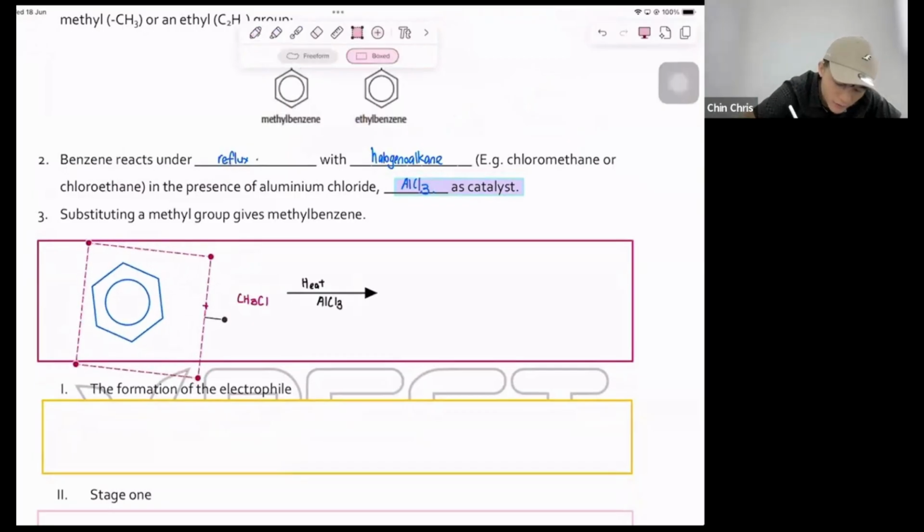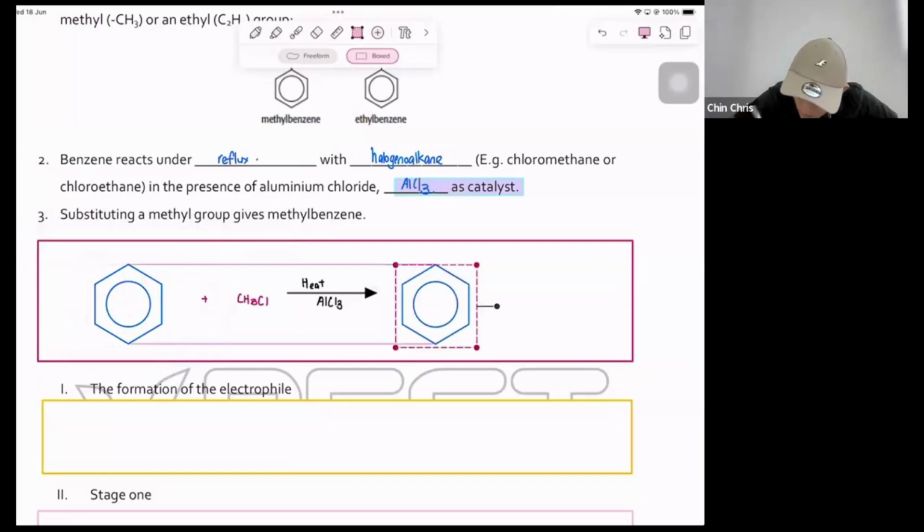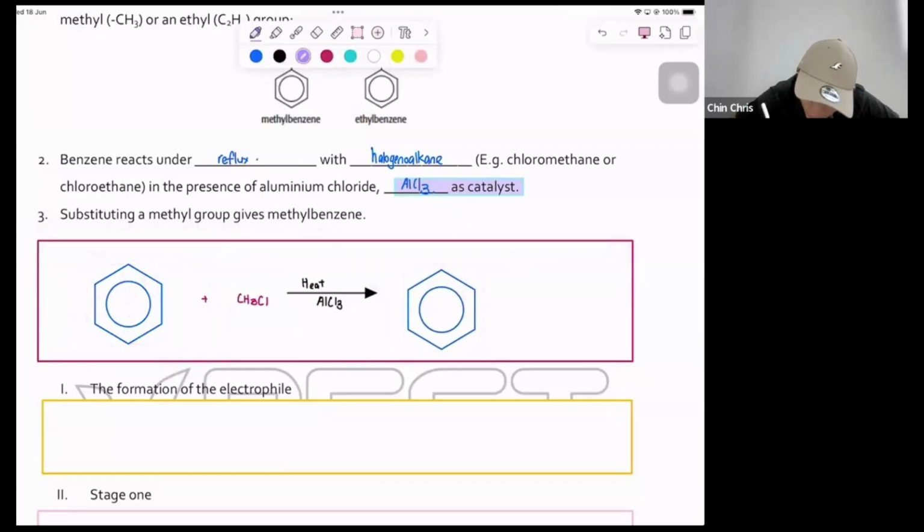And eventually, what's going to happen to the benzene? This benzene will turn into an alkyl benzene. You have a CH3 here and an HCl.